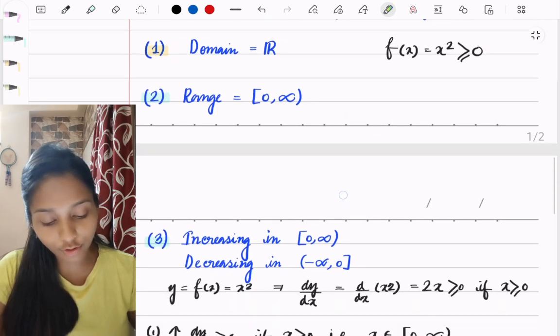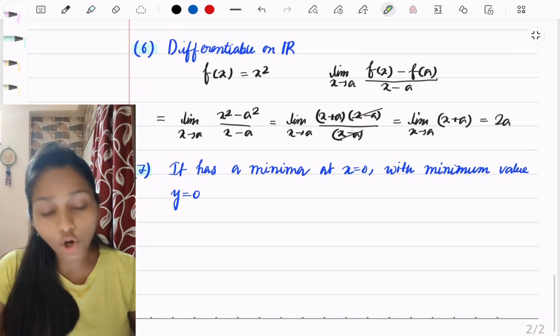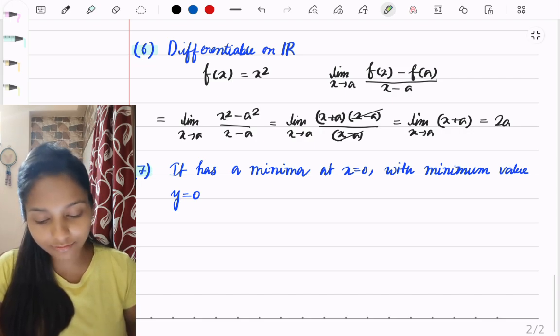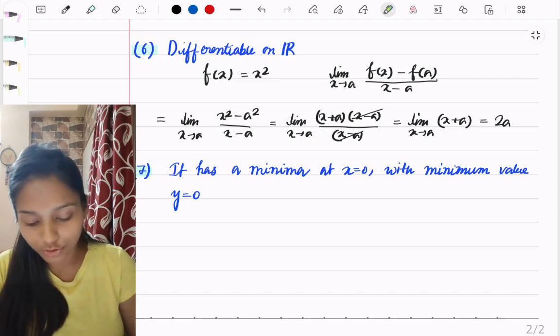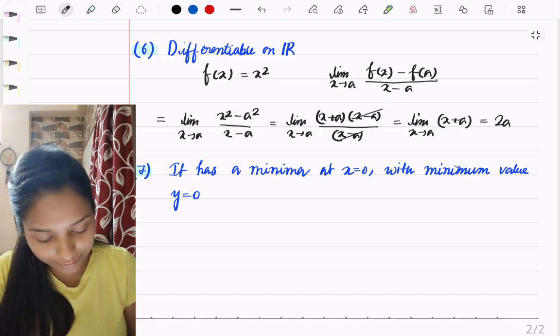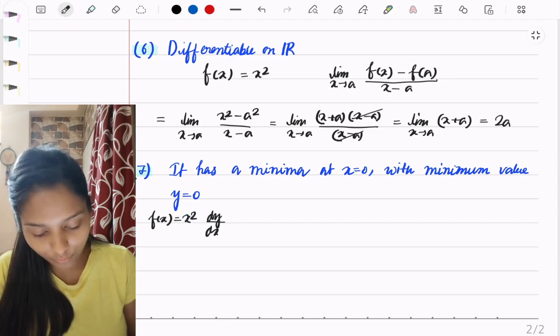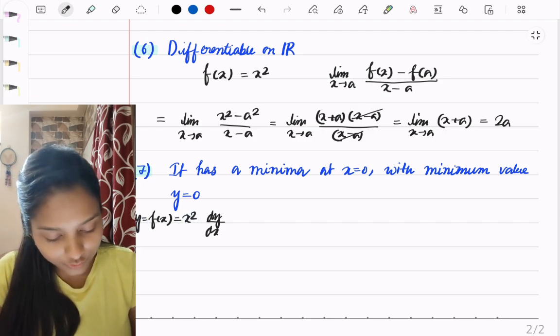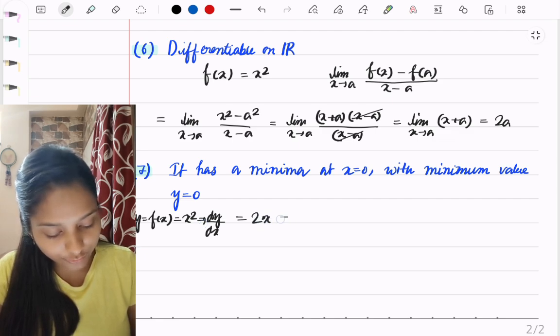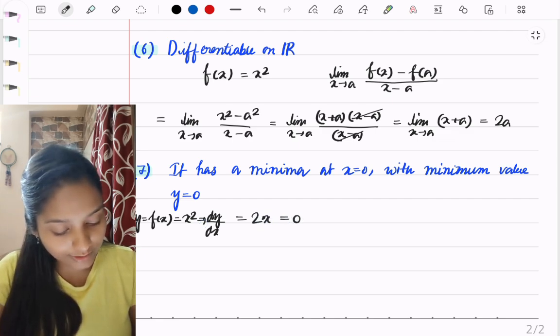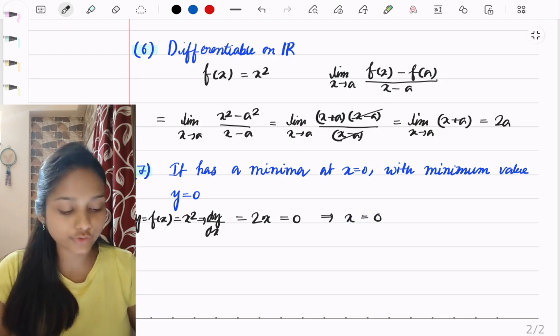So for finding out a point of minima or maxima, we must take the derivative and equate it to 0. So if we do that, we have the derivative dy/dx. So f(x) equals x square, or y equals x square, so dy/dx will be 2x. So if we equate it to 0, we will get the critical point, which gives x equals 0.